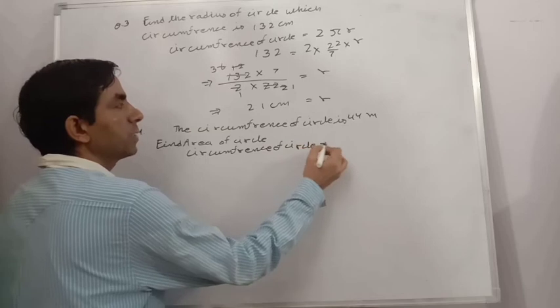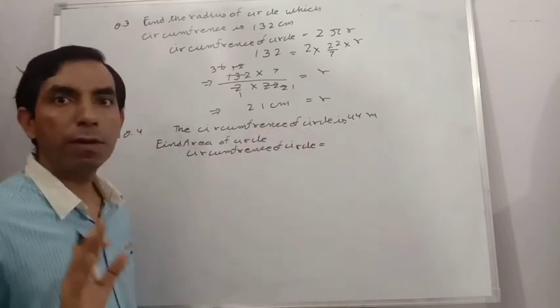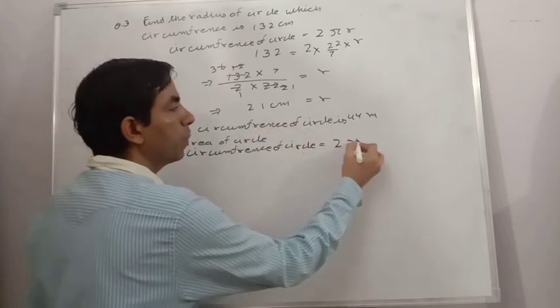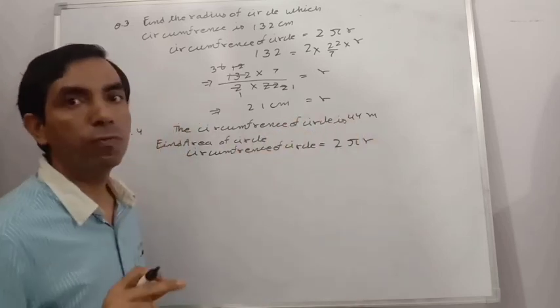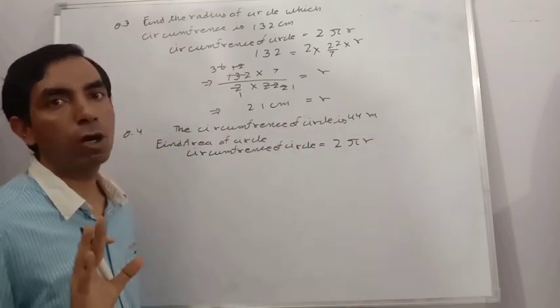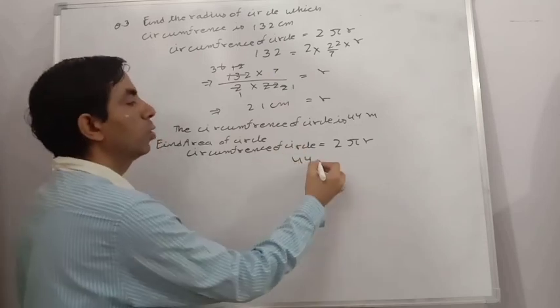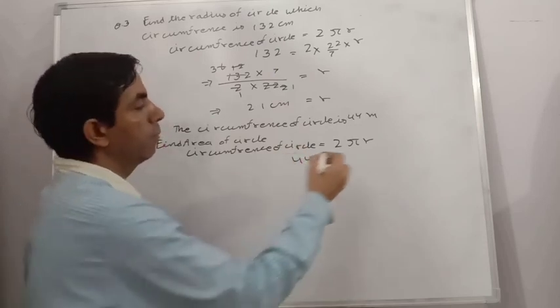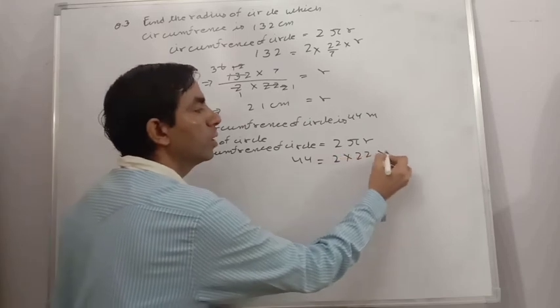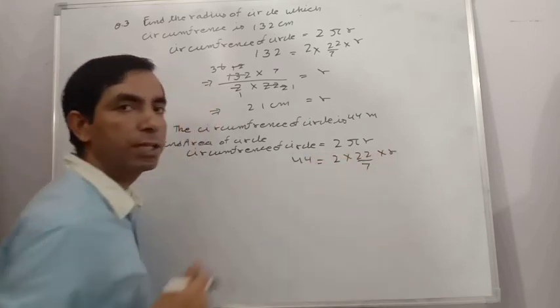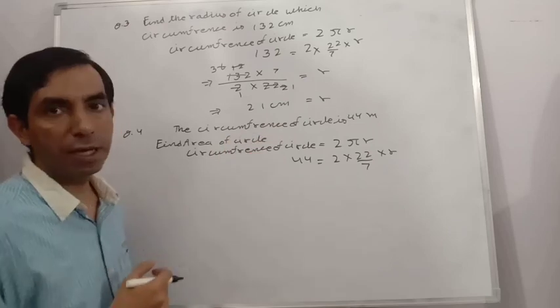In circumference of circle we always use the formula 2 pi r. Write the value of 2 pi r and put the values which are given in our question. Circumference of circle is 44, 2 as it is, multiply 22 upon 7, that is the pi value, radius as it is. So change the direction.